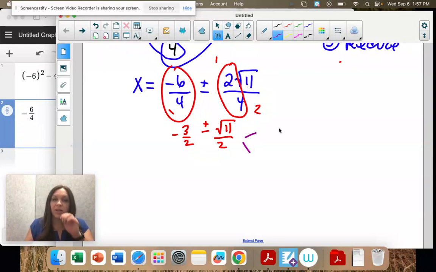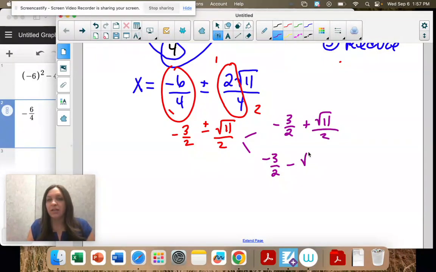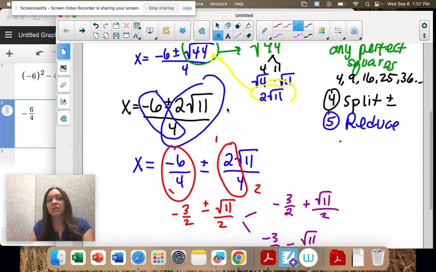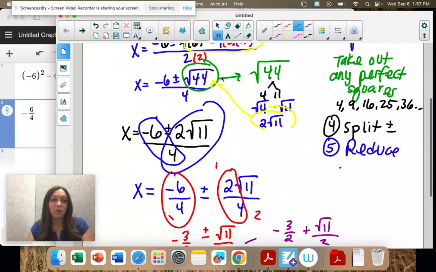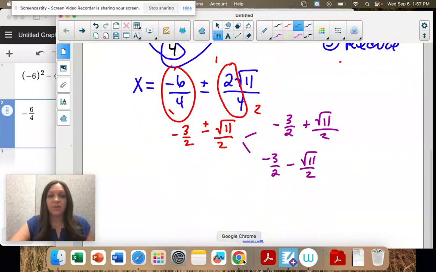So our actual answers are negative 3/2 plus square root of 11 over 2, and negative 3/2 minus square root of 11 over 2. Okay, so we can reduce when the square root has perfect squares. Usually that means it's a problem that you can reduce.